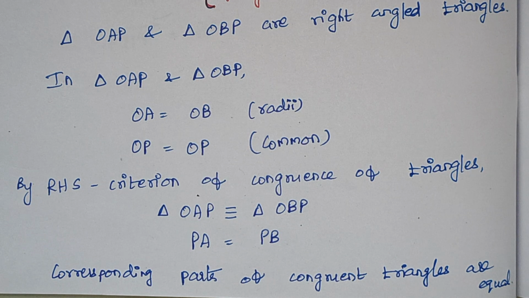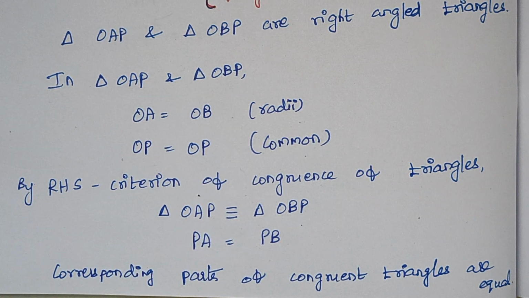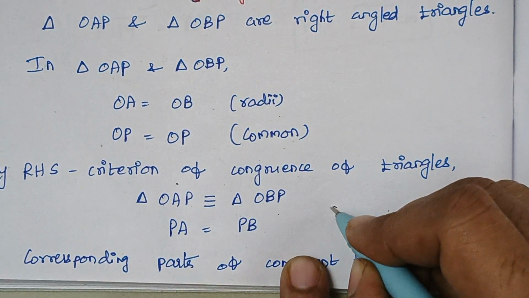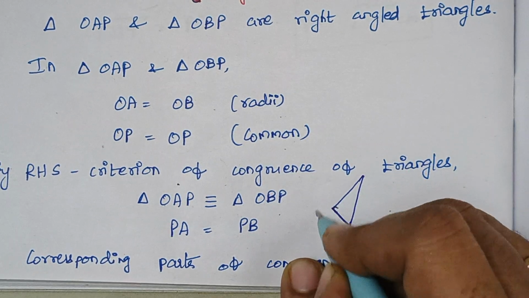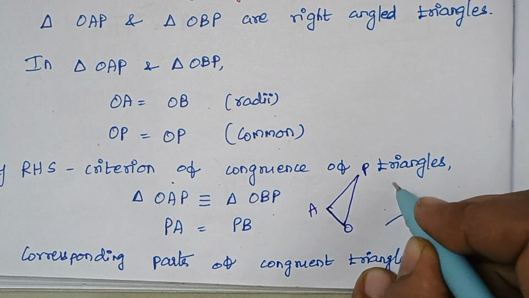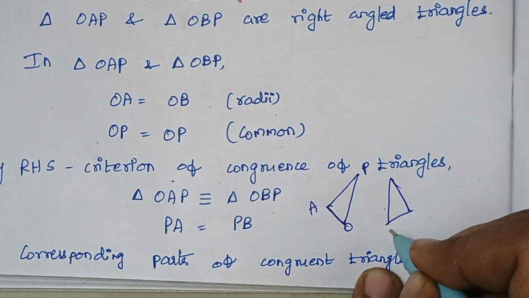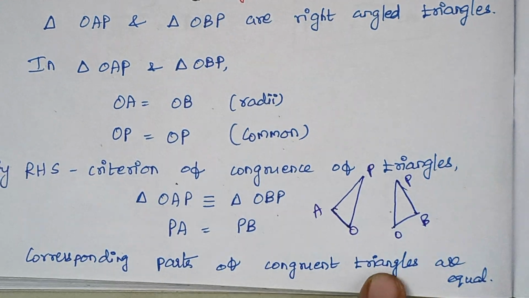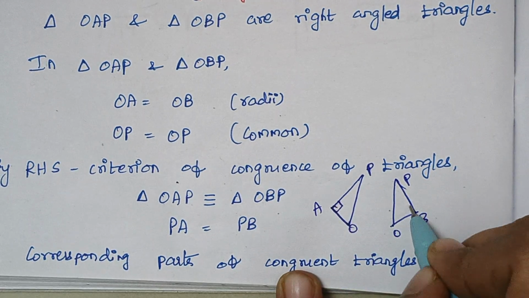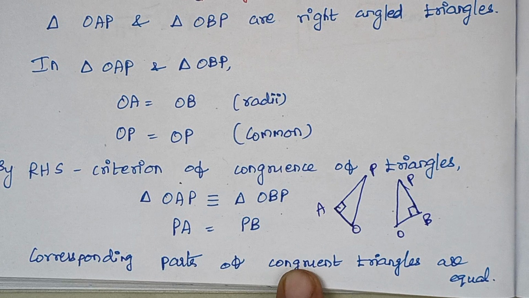Here, the main thing to be highlighted is the RHS criterion of congruence of triangles. When you take two triangles, let me draw that also so that you have a clear idea. Consider the triangle APO, and similarly consider the triangle OBP. In these two triangles, angle A is 90 degrees and angle B is 90 degrees.